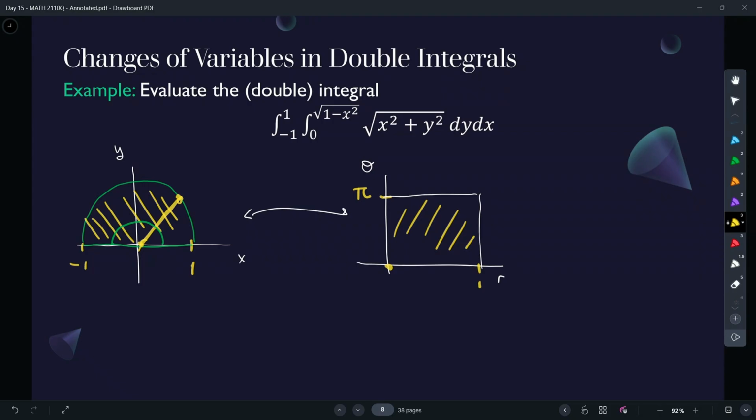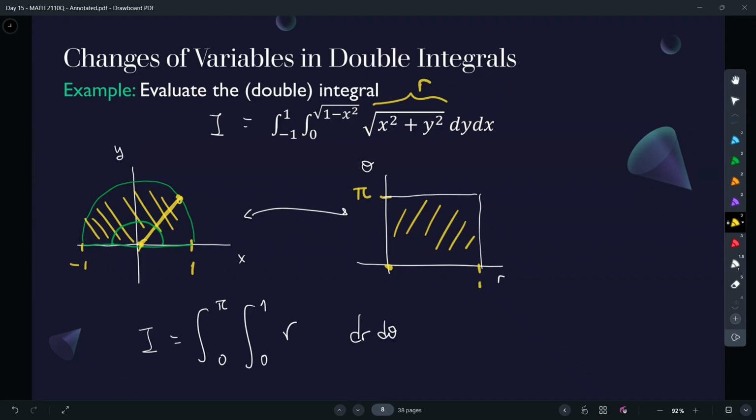I'm going to be integrating over a rectangle, but we have to use a correction factor so the two integrals are actually the same. So if I evaluate this in polar, this integral is now in theta up to pi, in r up to 1. Now I have to integrate the square root of x squared plus y squared. That is r. Okay, so the function itself is r.